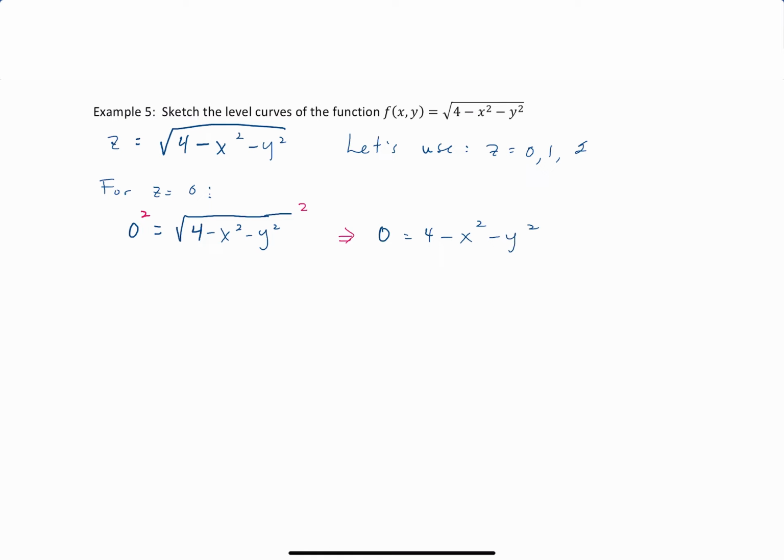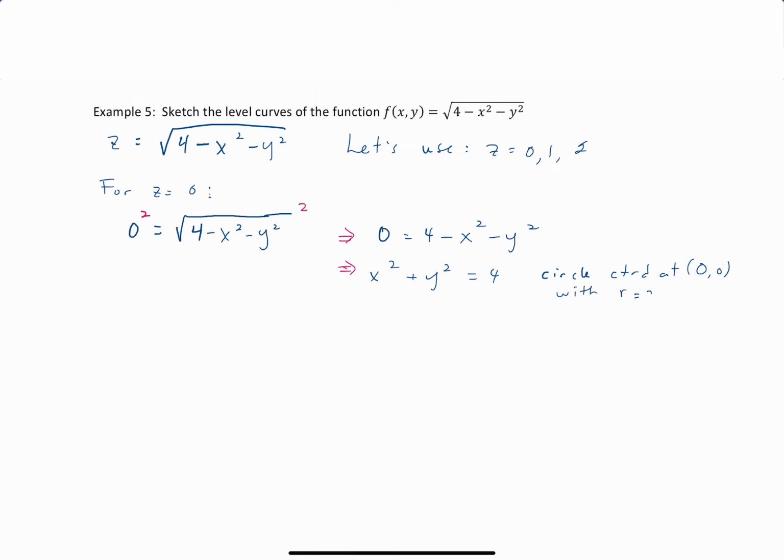And if we add an x squared and a y squared to both sides, we get x squared plus y squared equals 4. So that's a circle centered at the origin, 0, 0, with radius 2, because 2 squared is 4.